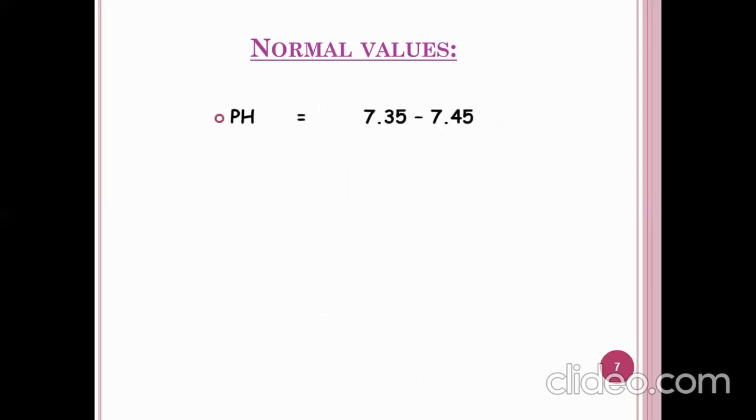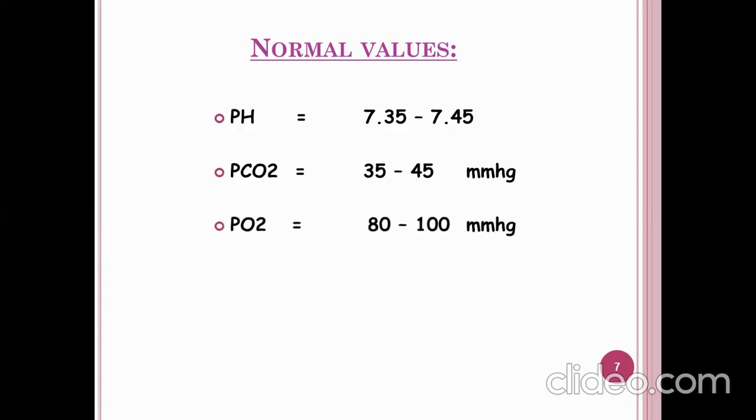So pH, as you all know, is 7.35 to 7.45, and the partial pressure of carbon dioxide is 35 to 45 mmHg, and the partial pressure of oxygen is 80 to 100 mmHg, whereas the value of bicarbonate is 22 to 28 milliequivalents per liter.